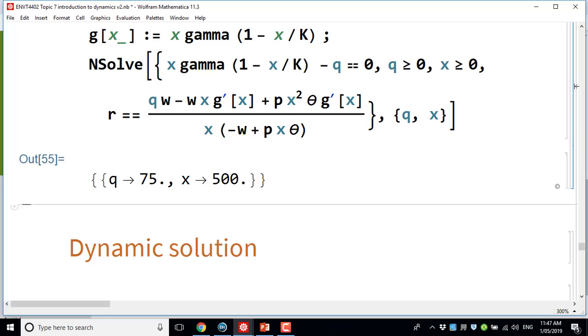The maximum sustainable yield, because of the functional formula we've used, is always 500. And so that's given us a stock of 500, and in that case, it gives us a catch of 75 is sustainable.